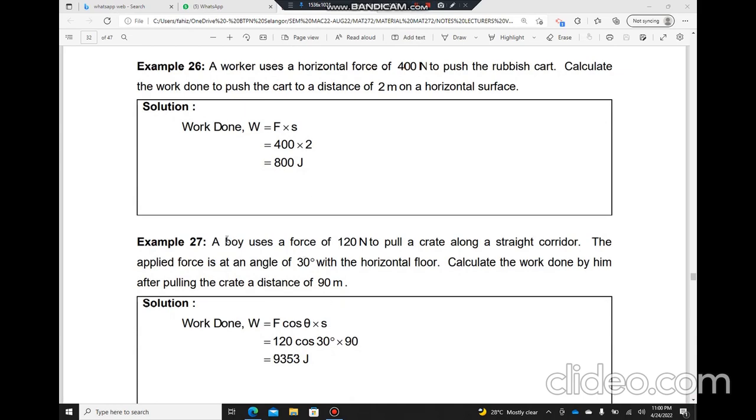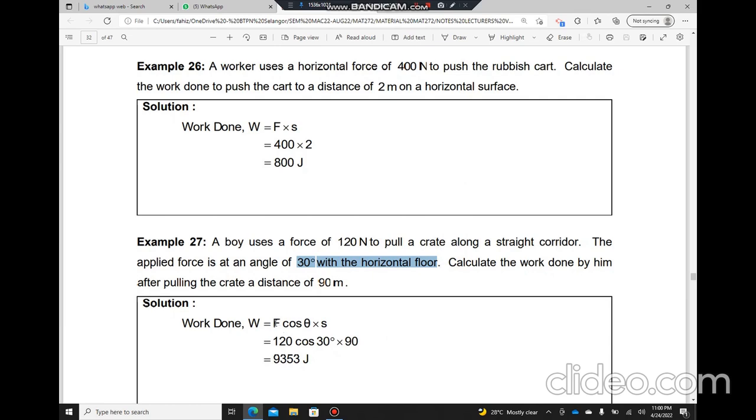Okay, so for example 27, a boy uses a force of 120 Newton to pull a crate along a straight corridor. The applied force is at an angle of 30 degrees with the horizontal floor. Calculate the work done by him after pulling the crate at a distance of 90 meter. So this one dia ada 30 degree with horizontal floor, so maknanya dia tak selari lah dengan horizontal floor.